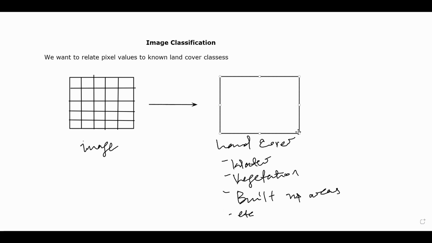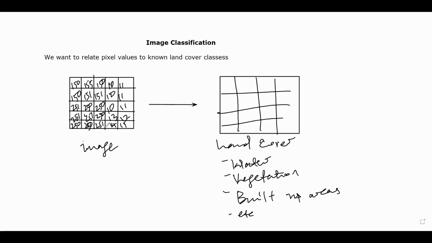So imagine this is a band from the near infrared region. We want to be able to say this is vegetation. So what we essentially want to do is to be able to relate the pixel values to known land cover. That's what we're trying to do in image classification.